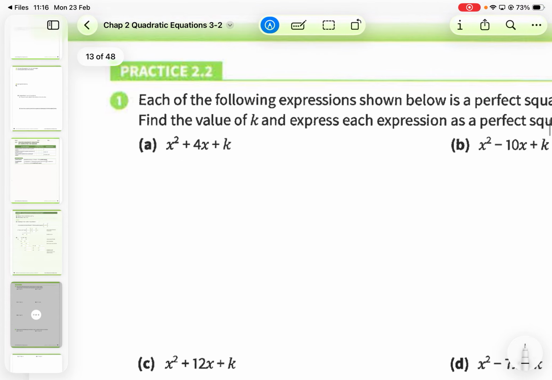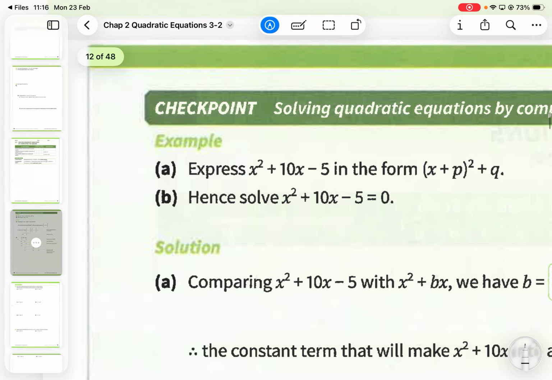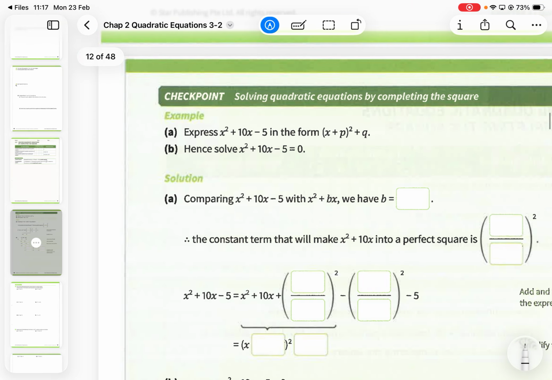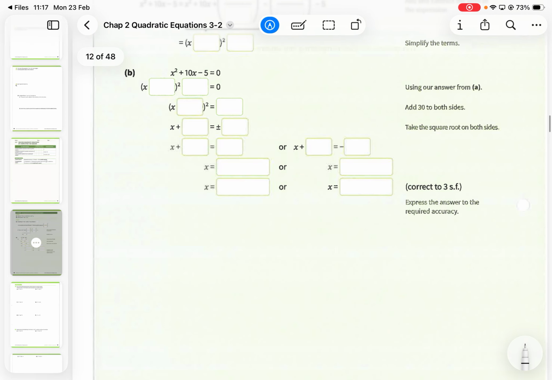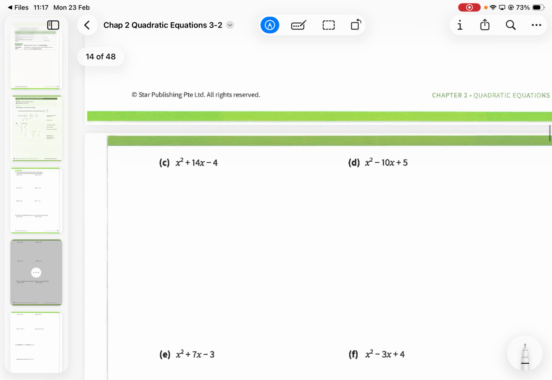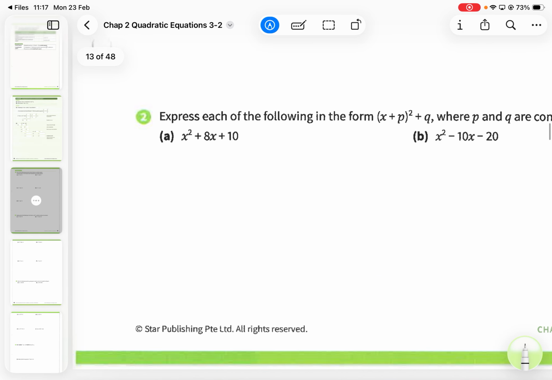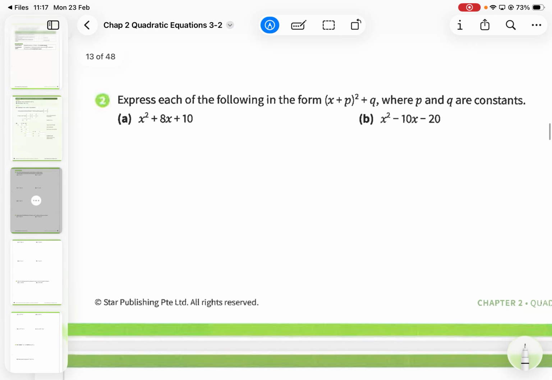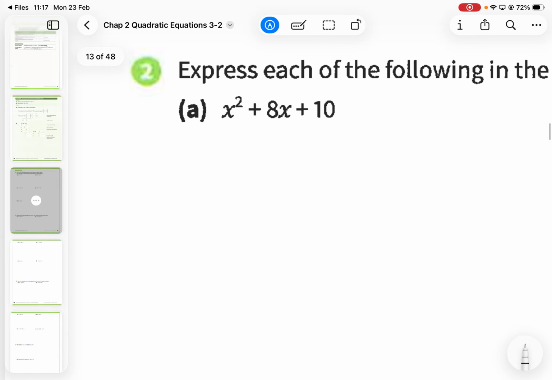Page 43, okay, we go to another. Okay, we go to page 43, but we look at question 2 first. Page 42, question 2a. Now we are given a quadratic.